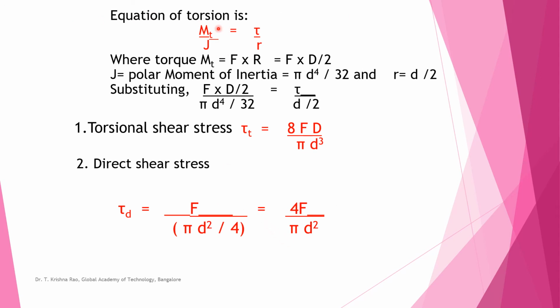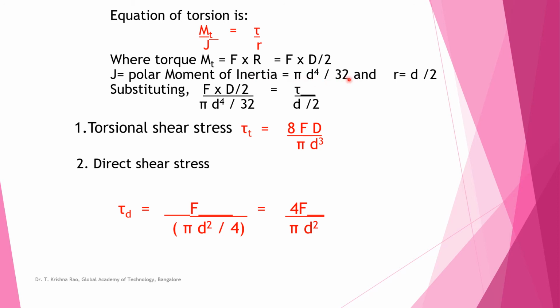The equation of torsion, we all know that MT by J equal to tau by R. Where torque MT is given by F into R. R is capital D by 2. Then J is the polar moment of inertia of the cross section. We have a circular cross section.